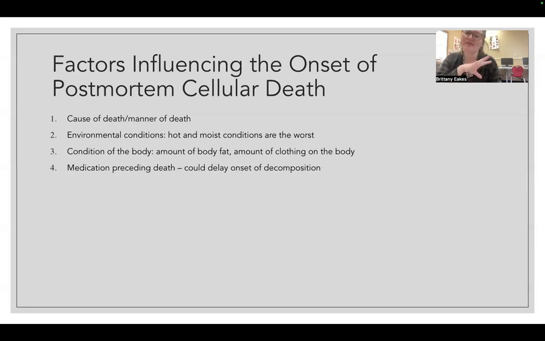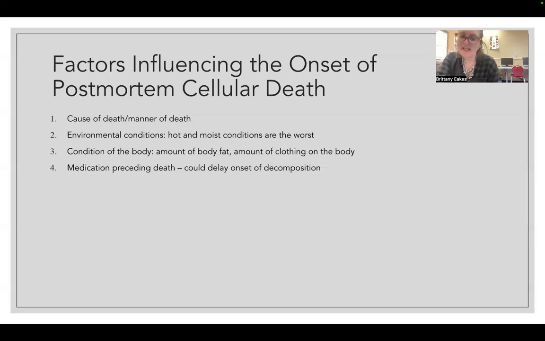Smaller bodies are going to break down slower. Larger bodies will break down faster. Also, the amount of clothing on the body, if they're bundled up, could influence body temperature and the cooling of the body after death.